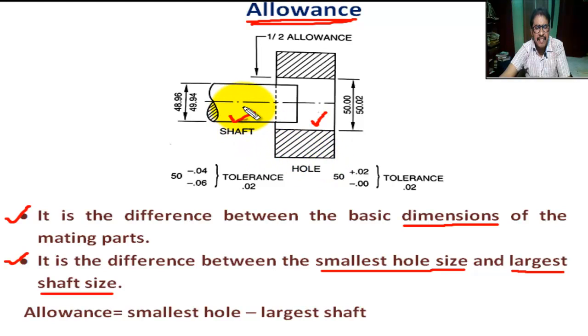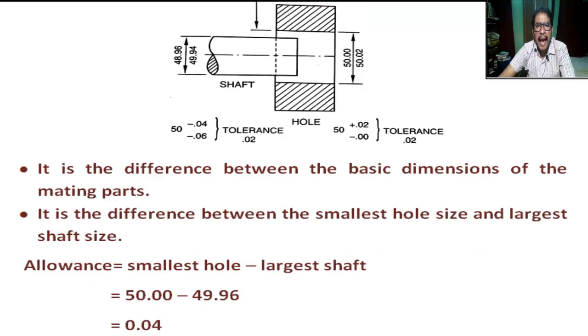When shaft size is less than the hole size, then the allowance is positive. When shaft size is greater than hole size, then the allowance is negative.